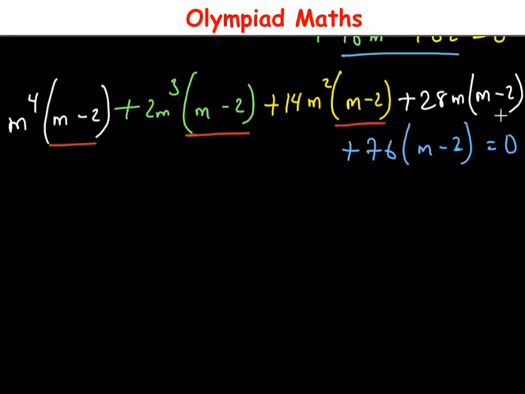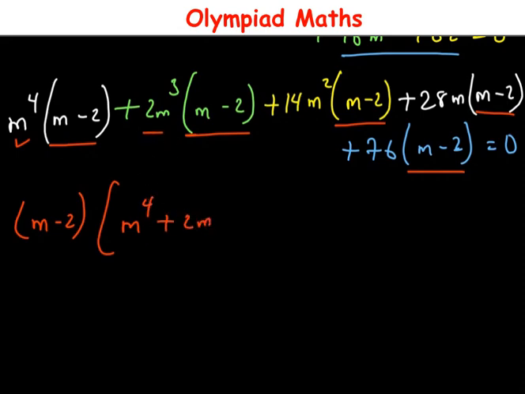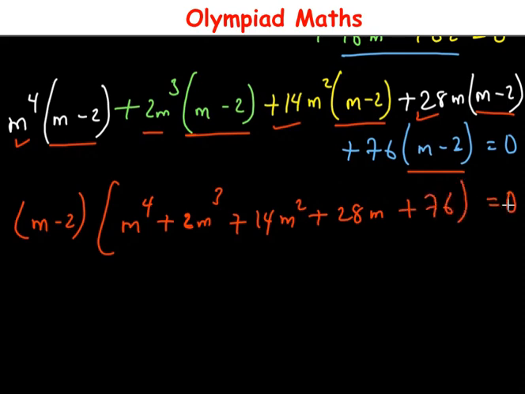Factorize out m minus 2, then we are left with m raised to power 4, then plus 2m cubed, then plus 14m squared, then plus 28m plus 76, and this equals 0.